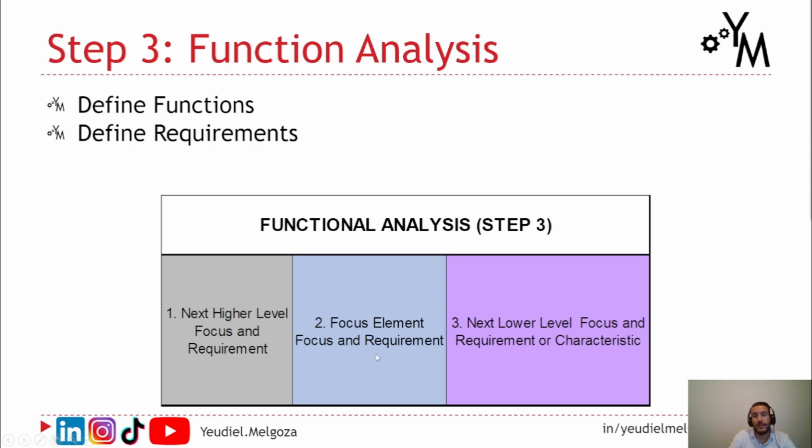This is the intended function and performance expectation of the focus element itself. And the third one, the next lower level focus and requirement or characteristic. Here is the specific function or characteristic that the lower level must fulfill to support the focus element. So again, everything starts here, and we need to consider this and this.